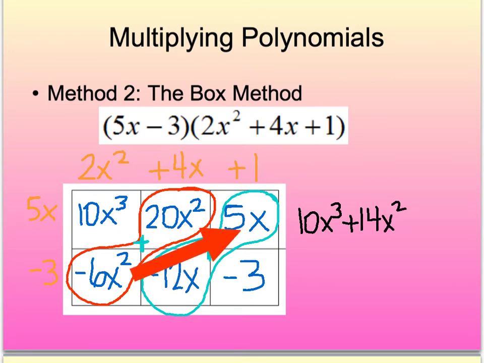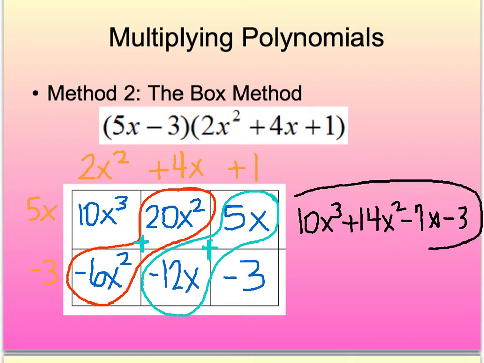Next, I'm going to combine the negative 12x and the positive 5x, and that's going to give us negative 7x. And then finally we write our constant, negative 3. And so just as the previous slide, we got that polynomial. This is the same polynomial multiplied. We multiplied the same to get the same product, just a different method. So whichever method you choose to use is up to you. I just wanted to give you the option of doing either one.